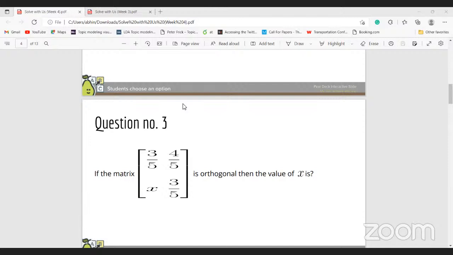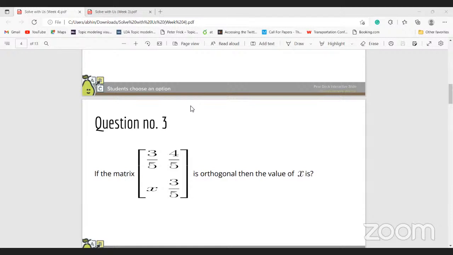No, it is correct, because it's a property of an orthogonal matrix. Therefore, it is orthogonal. Because it will be 3/5 into 4/5, and that is equal to 3/5 x. So 3/5 will cancel out. So x will be equal to -4/5.